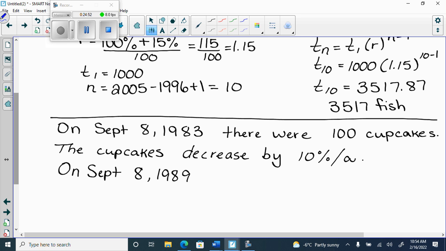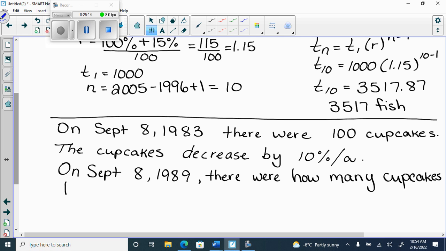On September 8th, 1989, there were how many? There were how many? This is a really great sentence. Enjoy it. There were how many cupcakes left?